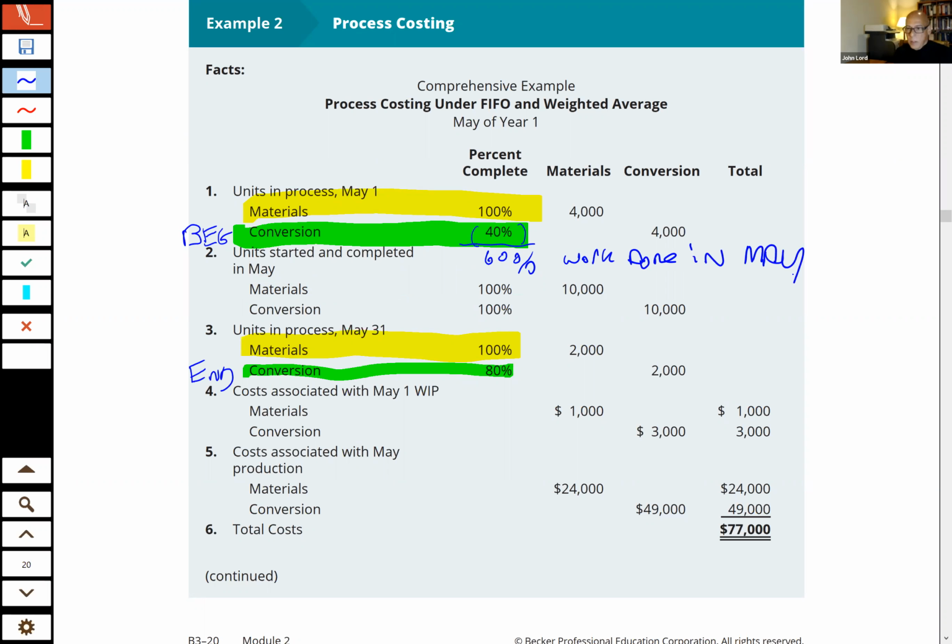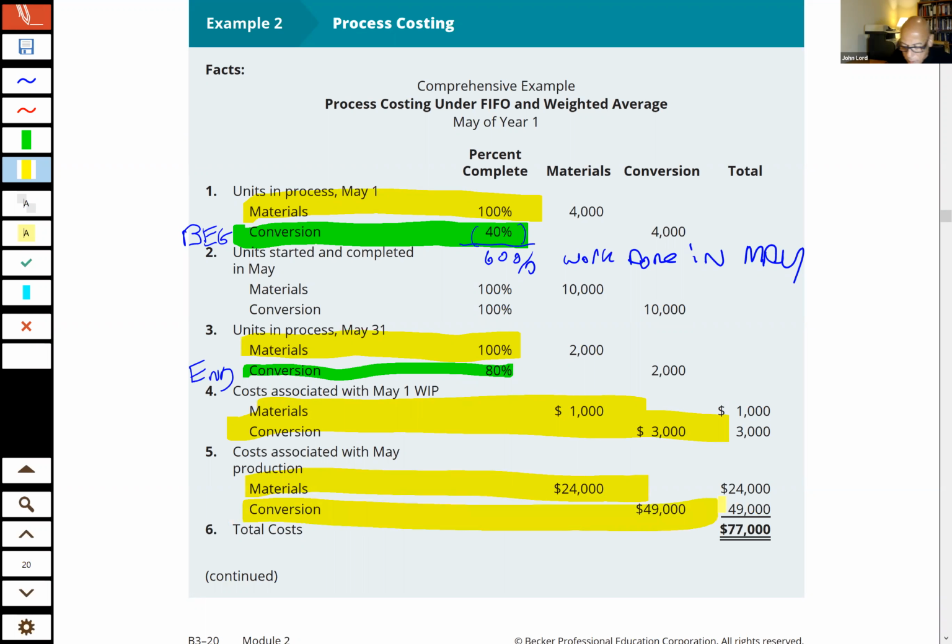I do nothing on materials in May because they were already 100% complete at the beginning of the period. And some processes are like that. The materials go in first, your conversion costs come later. And then they give me the cost associated with all of this for my materials and my conversion costs.